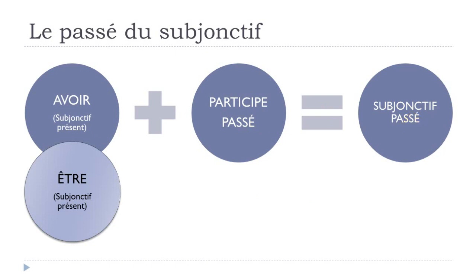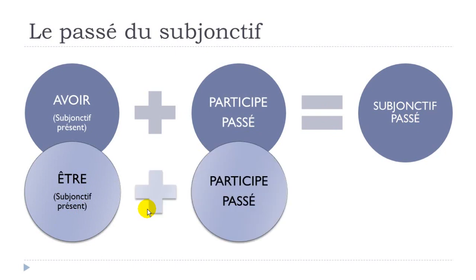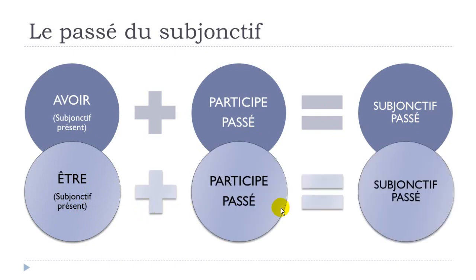Or, in some cases, you will use être at the subjonctif présent form, then the participe passé, and you will get your subjonctif passé. So it's quite interesting because this passé du subjonctif is not really tricky when you think about the way it is made, because it will follow exactly the same rules as we've been seeing so far.